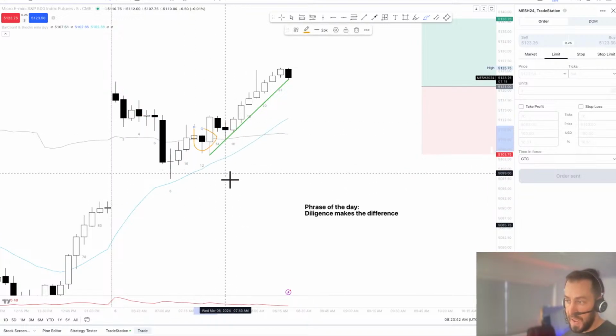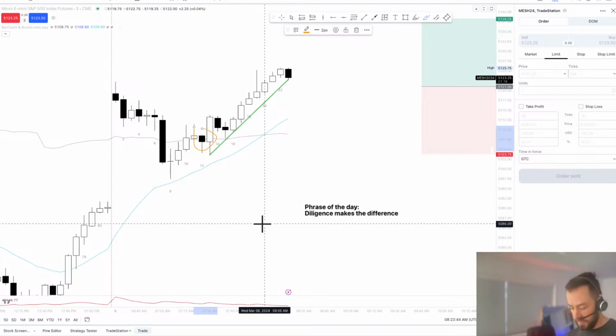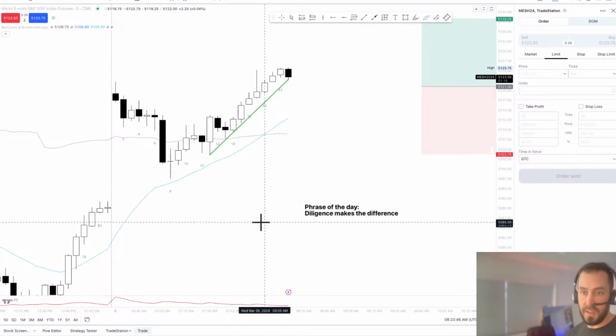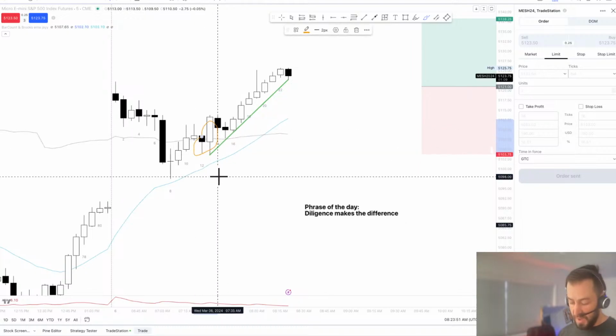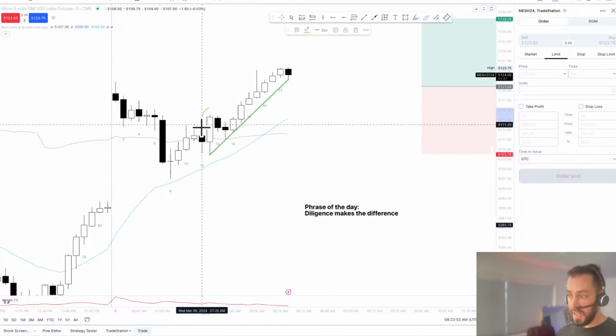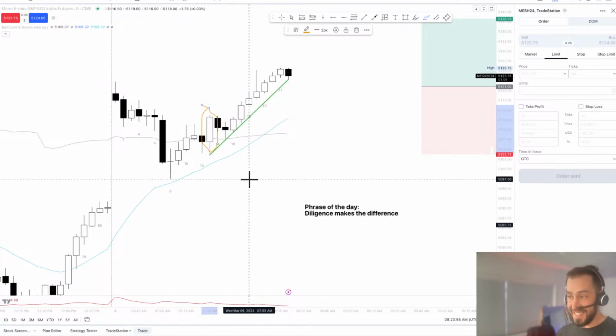So first pullback, 1 bar. Strong or weak? Weak, right? They only got 1 bar, and the bulls bought this up. And then look, this is called an FU candle. I call this an FU candle.